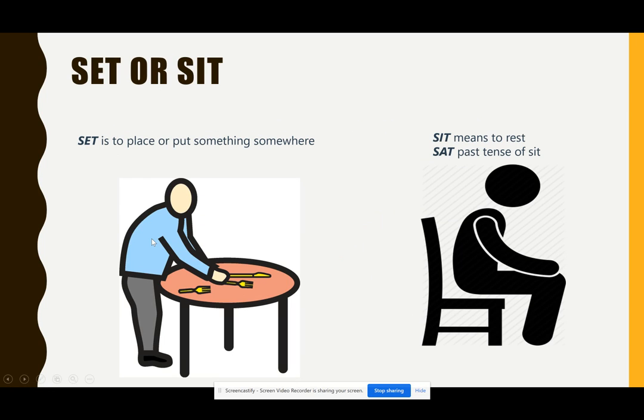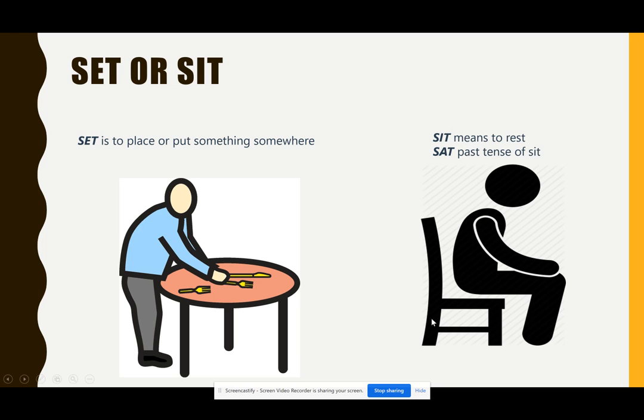Set or sit. Set, S-E-T, is to place or put something somewhere. Set the silverware on the table. Sit means to rest, and typically people or animals sit. Objects set, S-E-T. And then sat is the past tense of sit.